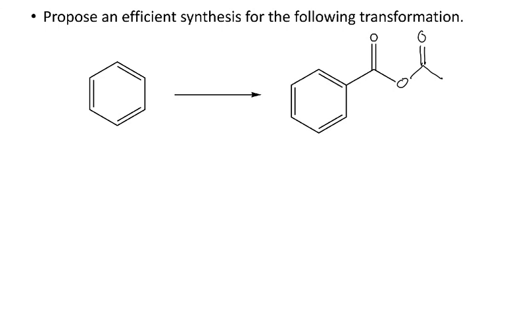Okay, in this case, we're starting with benzene, and we want to end up with the benzene ring with a carboxylic acid derivative. Specifically, we want an acid anhydride. The first thing I want to think about is how do I functionalize this benzene ring? This makes me think of the nucleophilic aromatic substitution reactions that we learned a couple chapters ago. And in the chapter before that, when we were looking at reactions of benzene, we saw that if we had an alkyl group coming off a benzene ring, the benzylic carbon was really reactive.